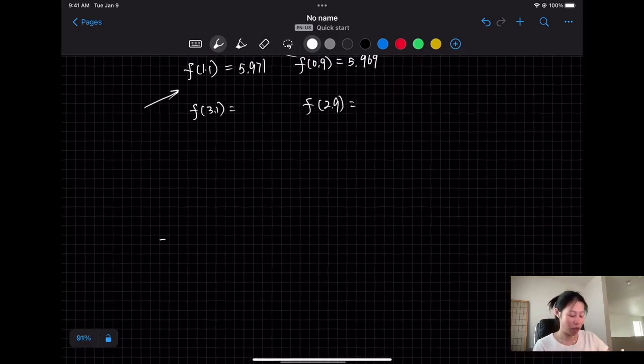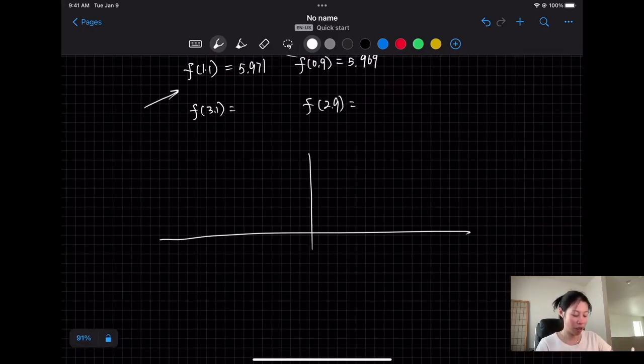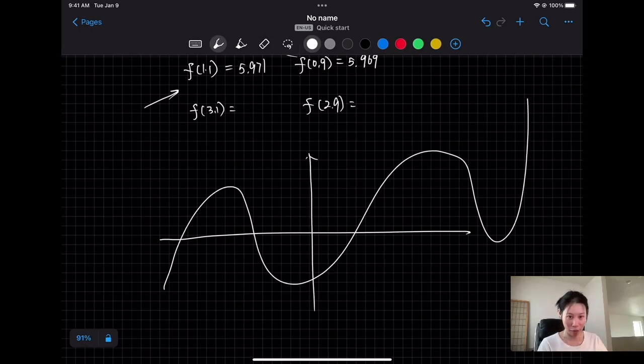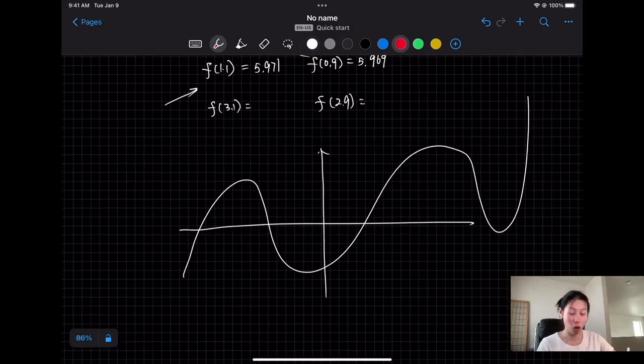So when you take a look, what does a local minimum and local maximum look like? Well, if it's a local maximum, the graph is going to be concave down. If the graph is concave down nearby that point, then we will have a local maximum.